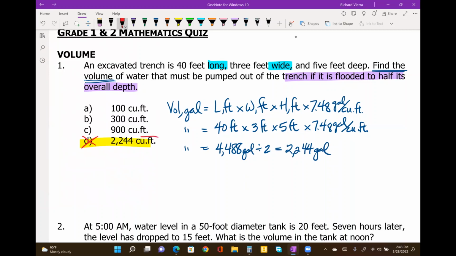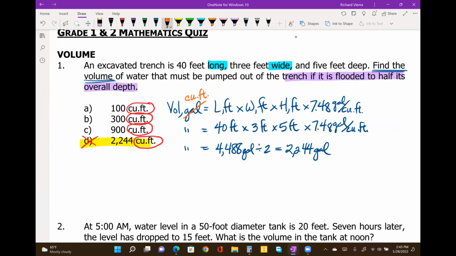because you'll notice that these answers are listed not as gallons, but as cubic feet. So this equation from the formula sheet is not what we need to use. We have to change it a little bit. We have to, instead of solving for gallons, modify it so that we solve for cubic feet.